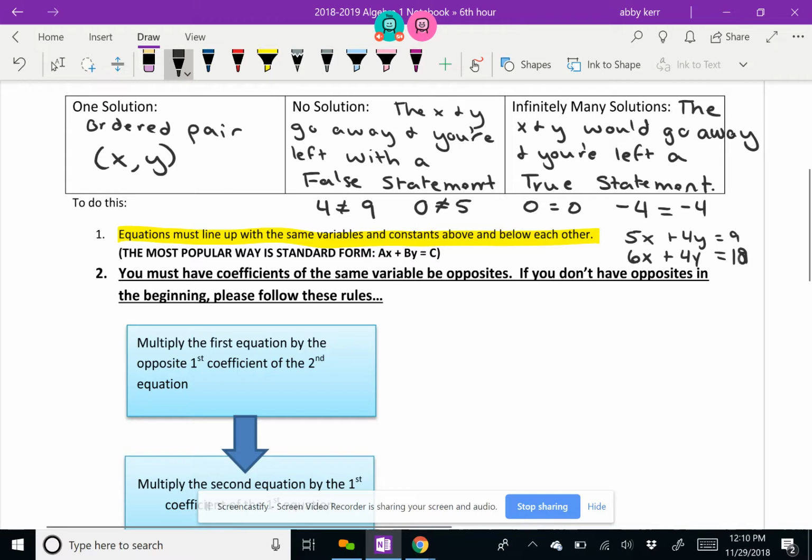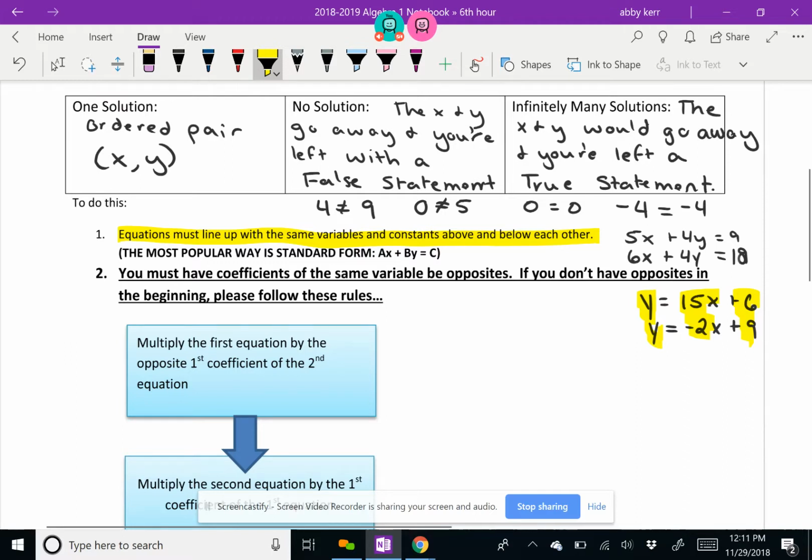That's the most familiar way. The most popular way is standard form, but you could technically have an equation where y equals 15x plus 6 lines up with negative 2x plus 9, because the y's are lined up, the x's are lined up, and the numbers are lined up.